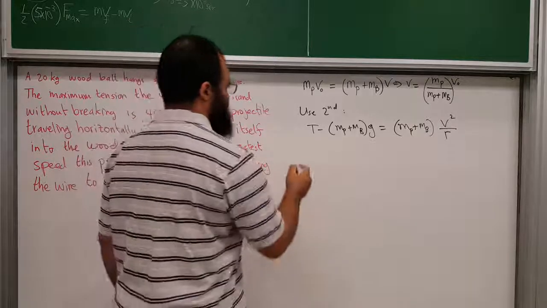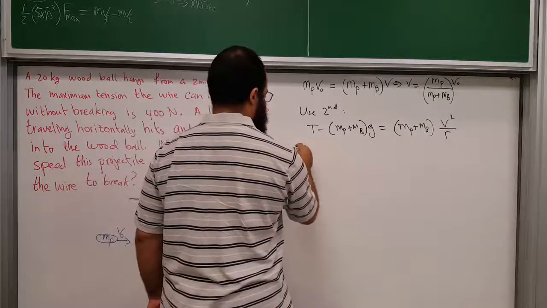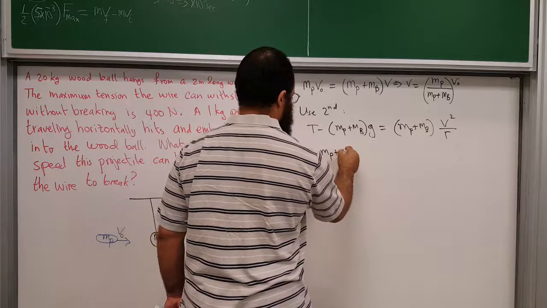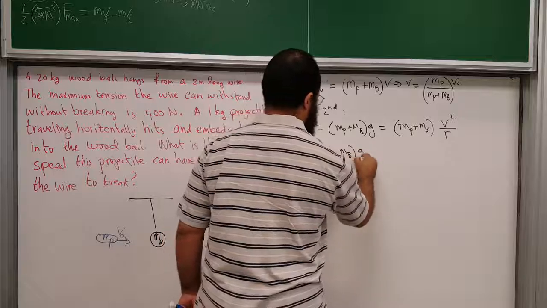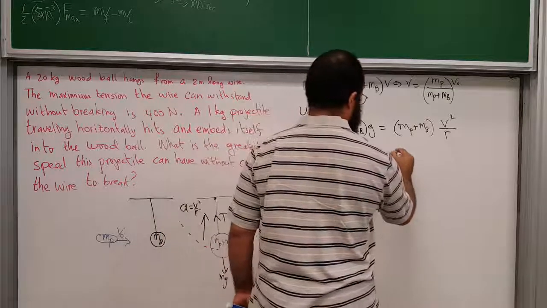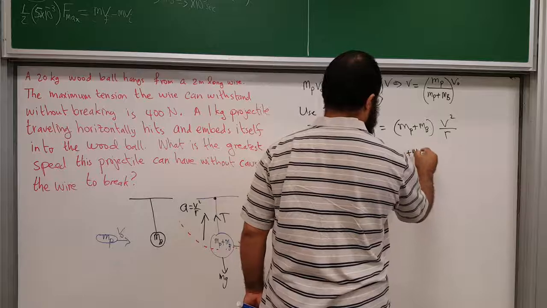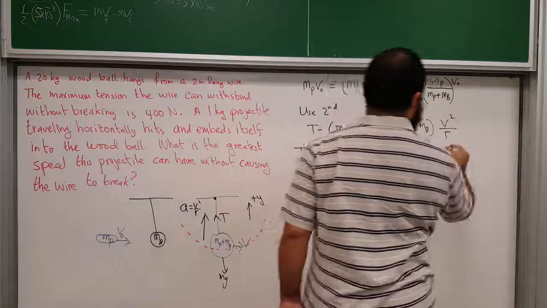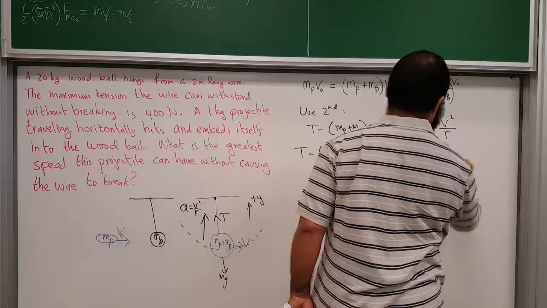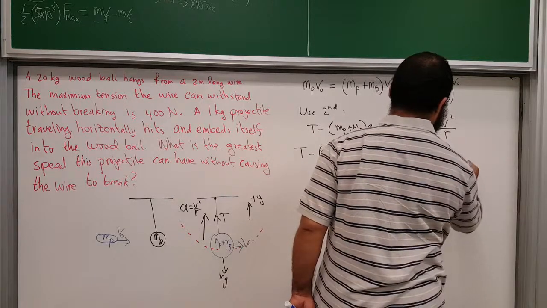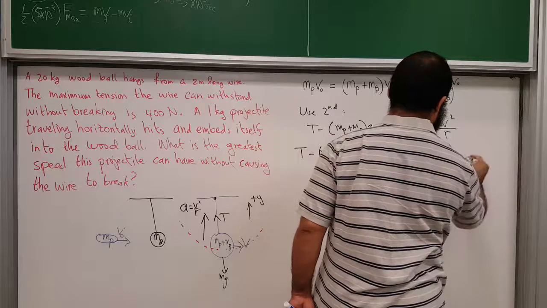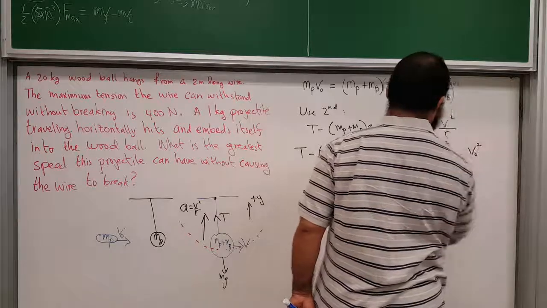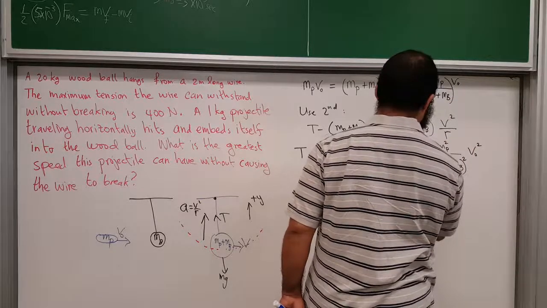So we will say then the tension minus mp plus mb times gravity is equal to mp plus mb, and then v squared. We have to square this. So that would be mp over mp plus mb, squared, and then v initial squared. Oh, and don't forget the over r.